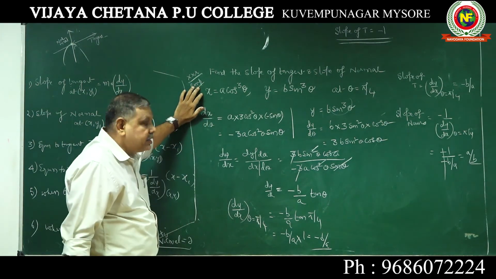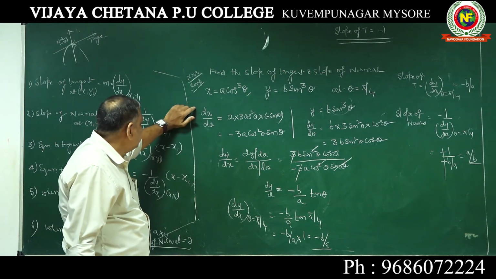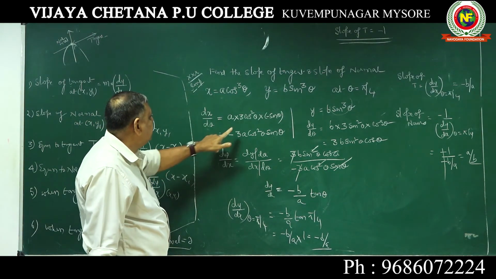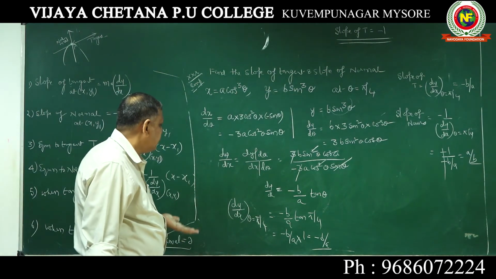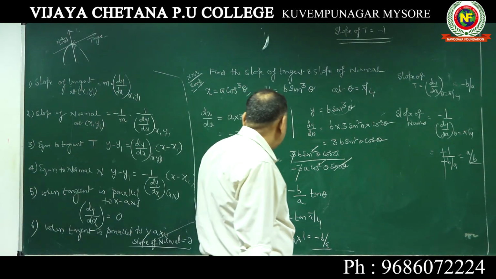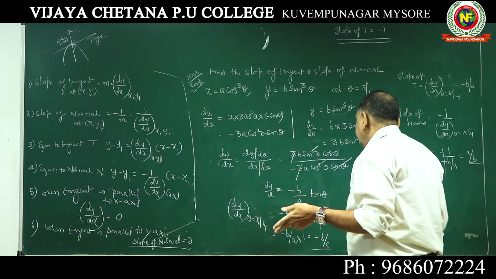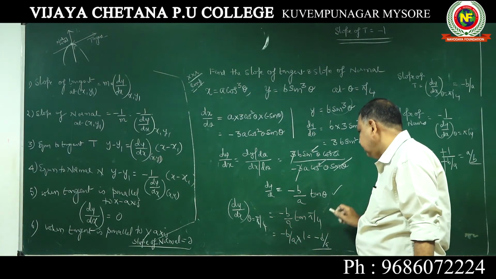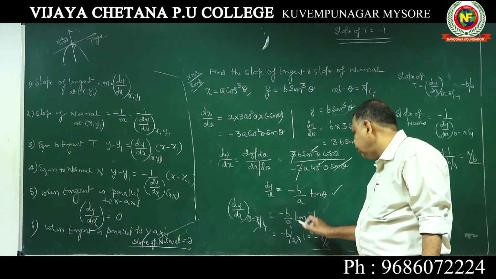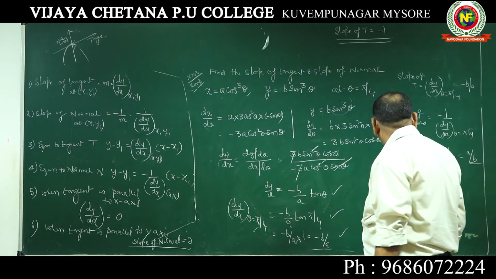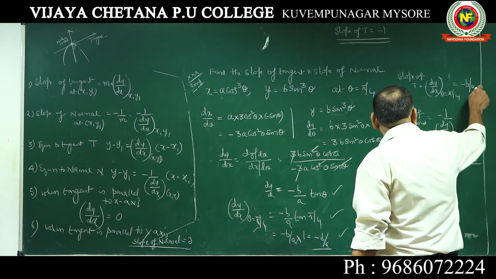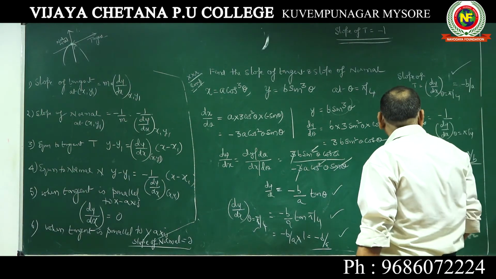You may get it: x equal to a cos cube theta, I did dx by d theta, and dy by d theta, then dy by dx is dy by d theta by dx by d theta, minus b by a tan theta. At theta is equal to pi by 4, minus b by a tan pi by 4, minus b by a into 1, minus b by a, and this is your slope of tangent.